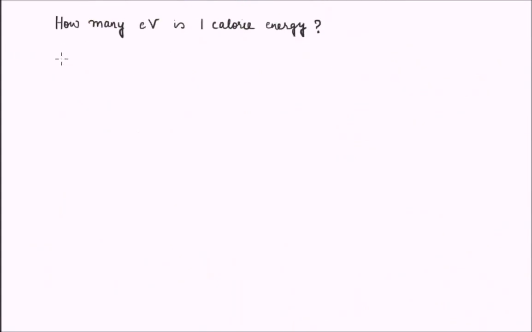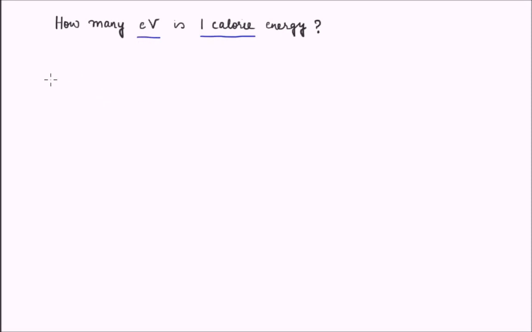This is a simple energy equivalence question which asks us to find how many electron volts are there in 1 calorie of energy. So basically we need to convert 1 calorie energy to the number of electron volts.